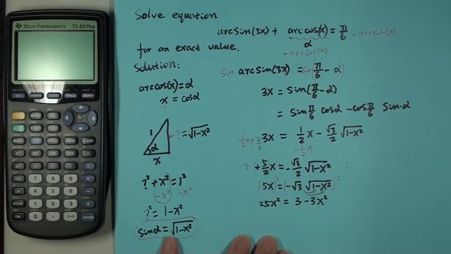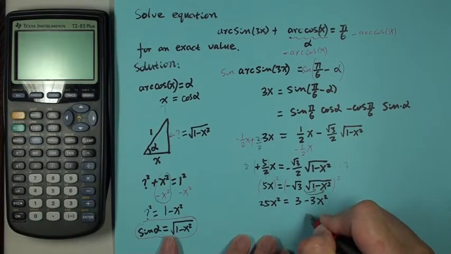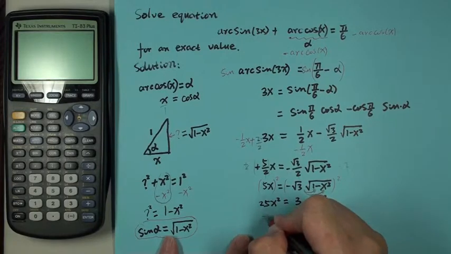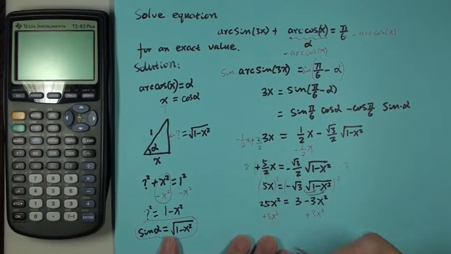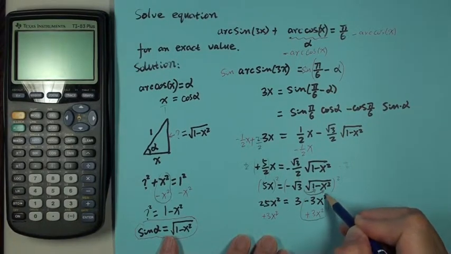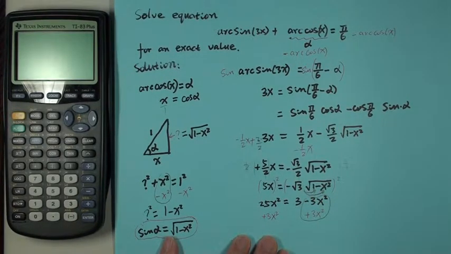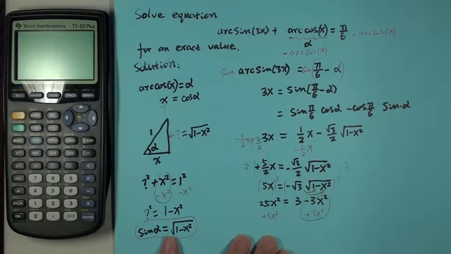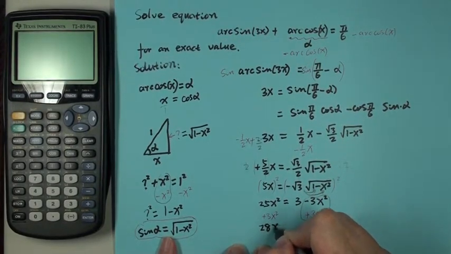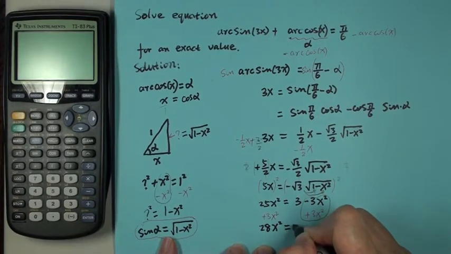Alright, keep going. Now you then have what? Plus 3x squared on both sides. You can then cancel these 2. So what do we get? We then get 28x squared equals 3.